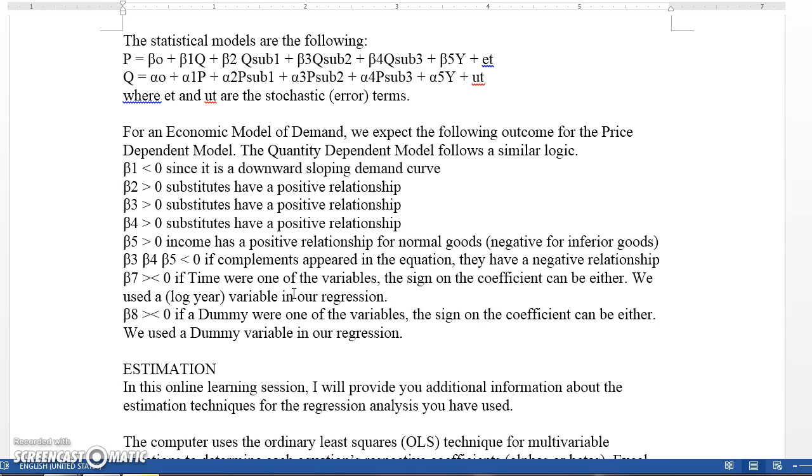Will the change of consumption preference, like consumers' preference for organic product, change the acceptability of your major product? Those are reflected in the log year variable. We have also included a dummy variable in our previous regression. Again, the signs of these two variables, the log year and the dummy variable, might be positive or negative. So it's okay if the estimation is negative for these variables.